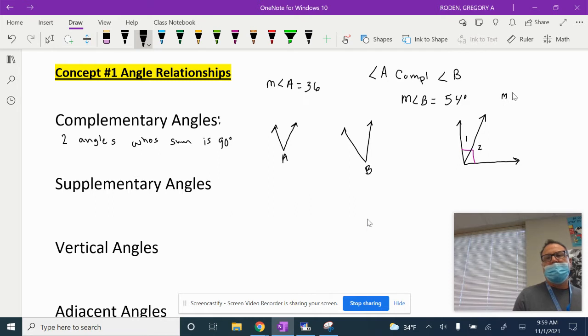If the measure of angle 1 equals 27 degrees, what's the measure of angle 2 have to equal, class? 63 degrees. Now notice I never said that they're complementary. How do you know those two angles are complementary without me having to say? That's the angle addition postulate right there, right, guys?